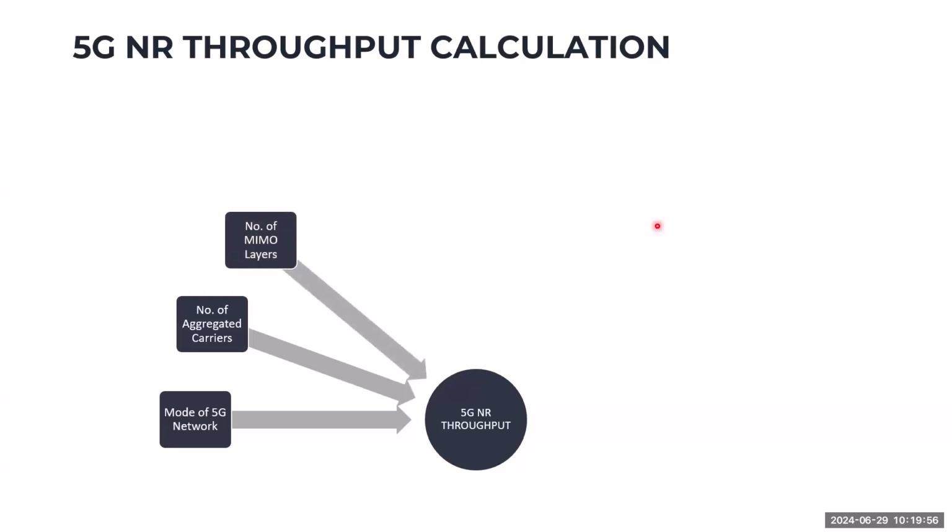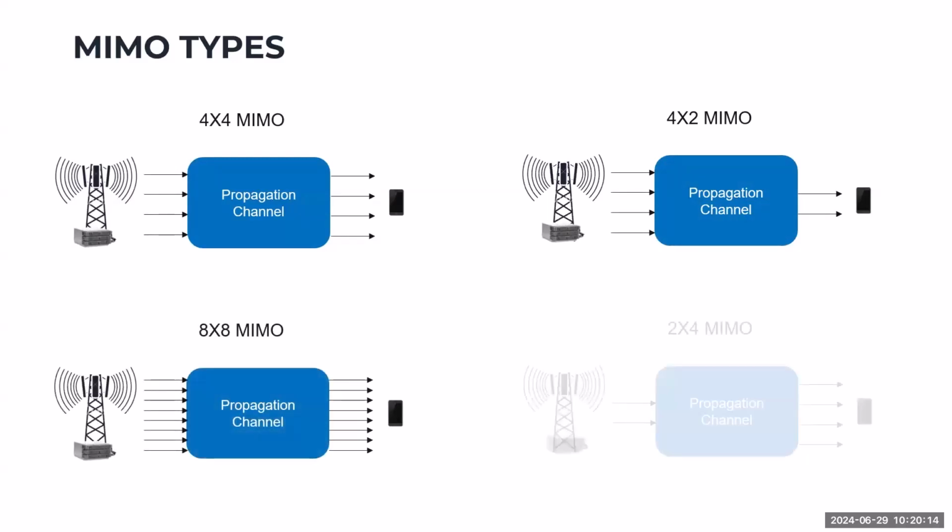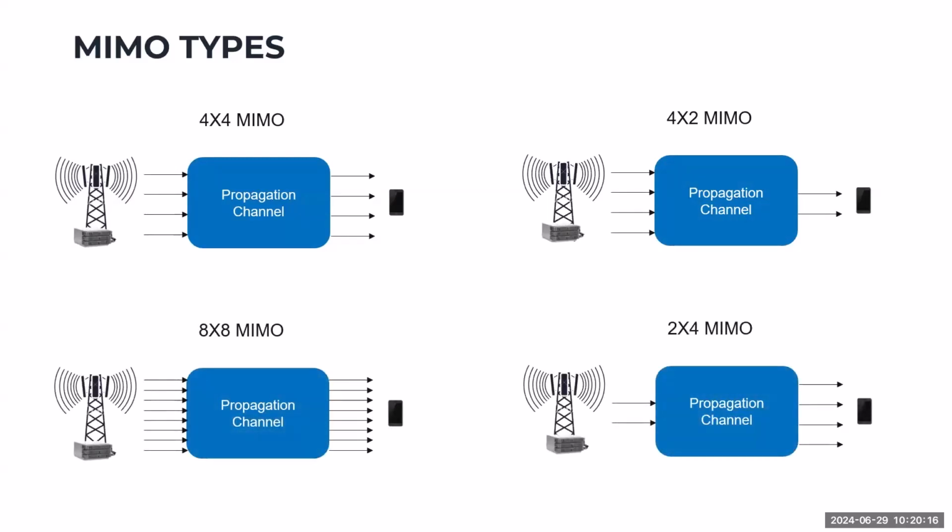Okay, next is the number of MIMO layers. This one is already explained by Engineer JM earlier, MIMO layers. Ilang layers of MIMO are we using? We have different types of MIMO, right? We have 4x4 MIMO, we have 4x2 MIMO, 8x8 MIMO, or 2x4 MIMO. In some advanced networks, they use 8x8 MIMO.